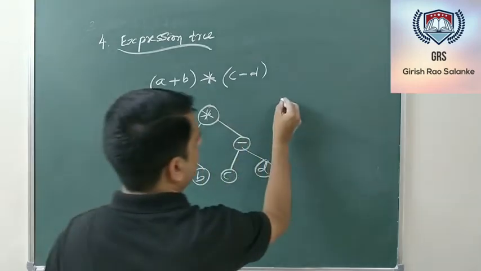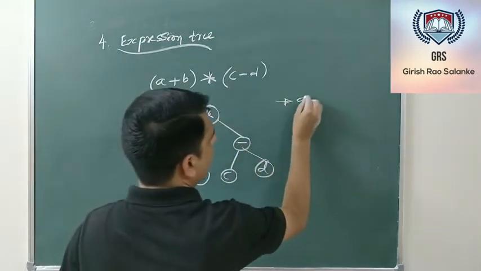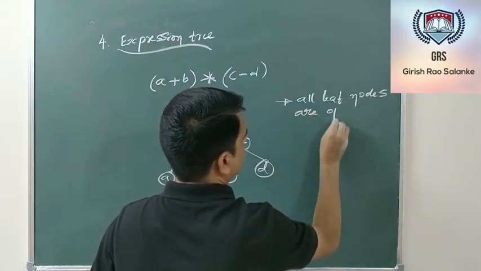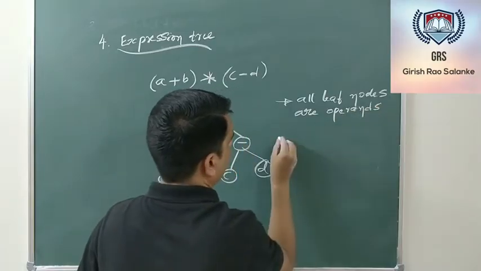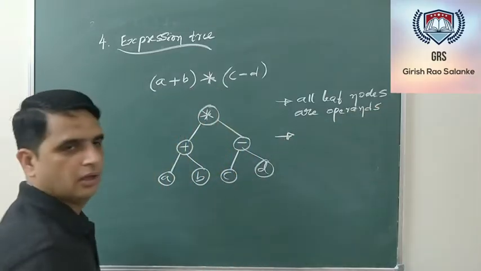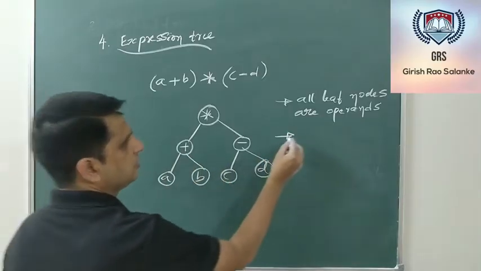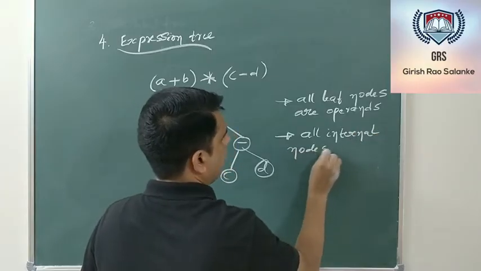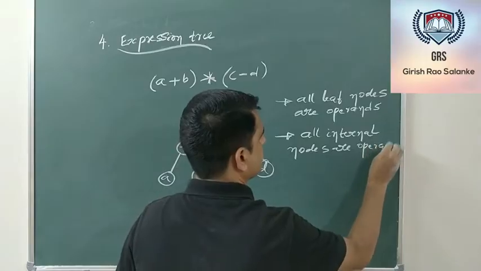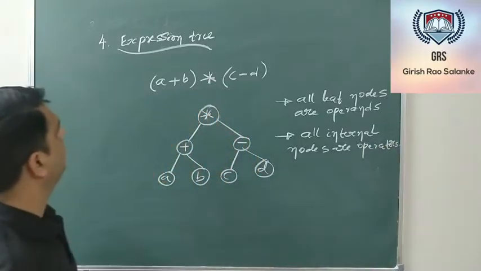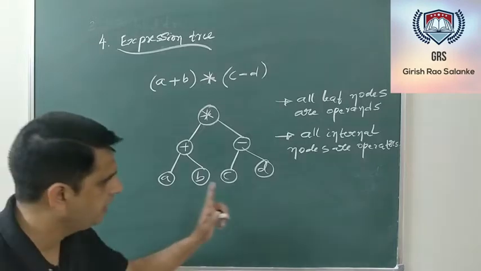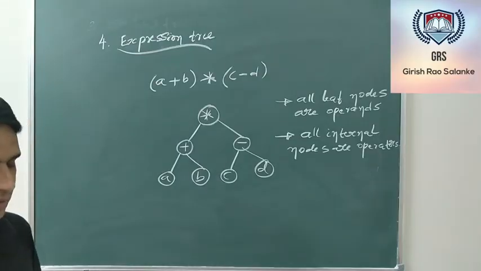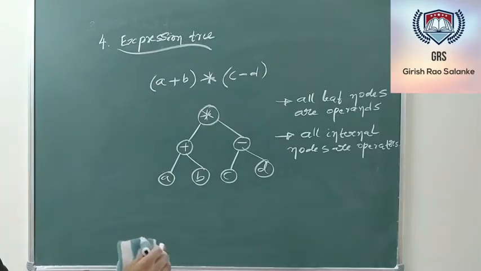Note that the important point in an expression tree is all leaf nodes are operands and all internal nodes are operators. This is one of the properties of an expression tree. All the operands should always be the leaf nodes and the non-leaf nodes should always contain the operators. This is about the fourth category of the binary tree.